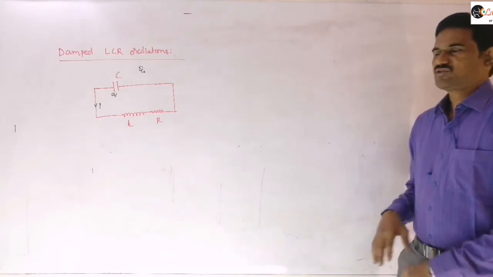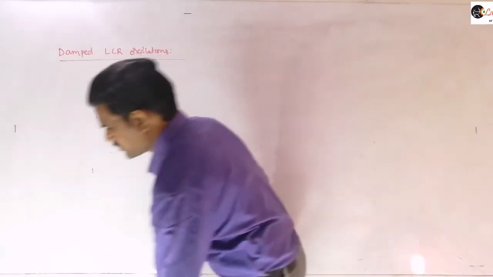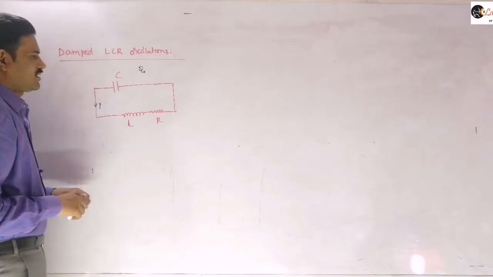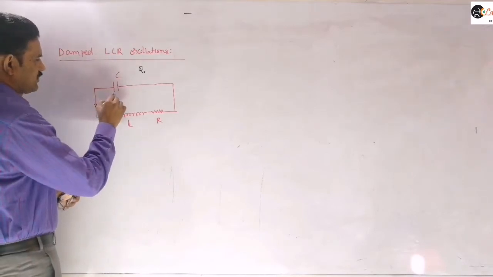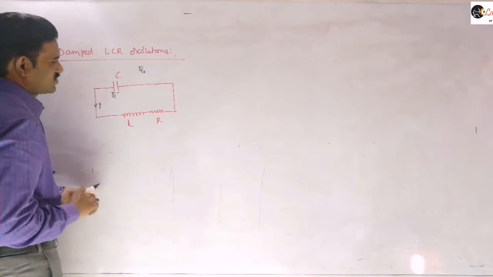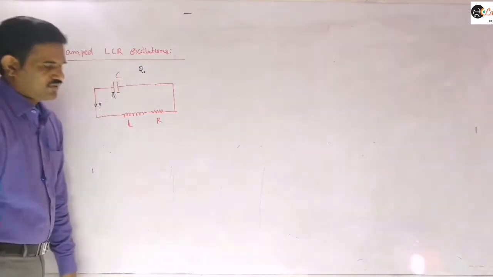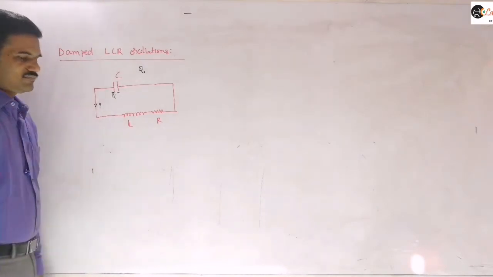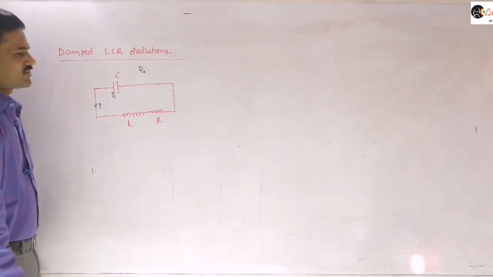During the decay of charge, let I be the current through the circuit and Q be the charge on the capacitor at any instant.